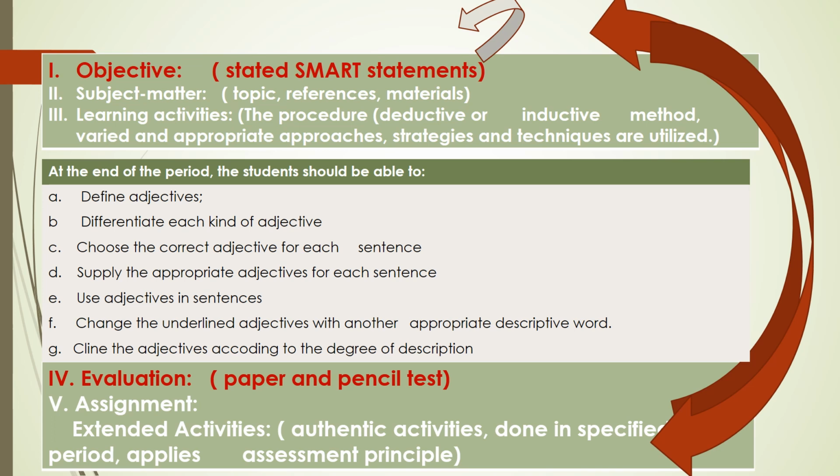So it is suggested that adjective is the lesson, and the objectives are define adjectives, differentiate each kind of adjective, choose the correct adjective for each sentence, supply the appropriate adjectives for each sentence, use adjectives in sentences, change the underlined adjectives with another appropriate descriptive word, and classify the adjectives according to the degree of description. These terms are in SMART statements. They were based from Bloom's taxonomy.